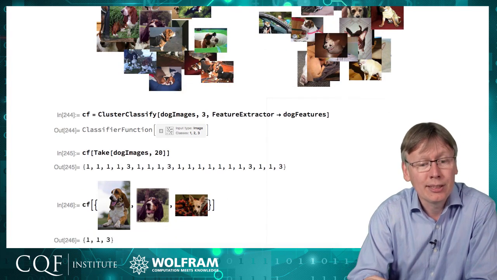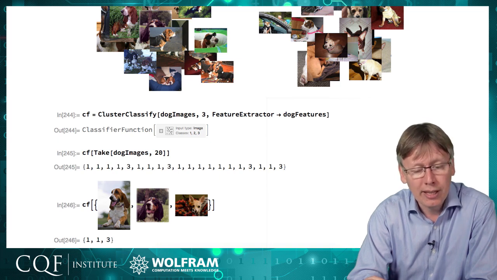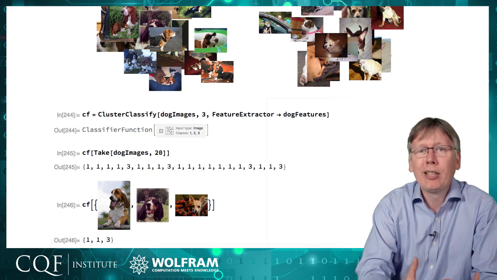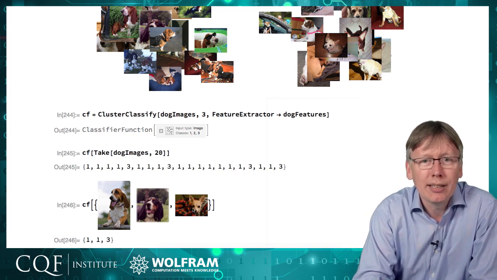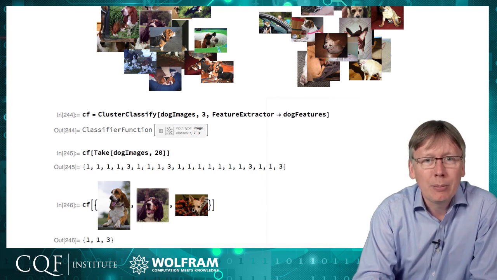This classification task that we had earlier is now being done unsupervised. I've given it 3 pictures here, and it's told us that both of the first 2 are in the same class number 1, and the third picture, the Chihuahua, is in a different class number 3. So you can imagine in, say, a medical context, you are screening cells under a microscope. All it can tell you is that there are 10 different types of cell.